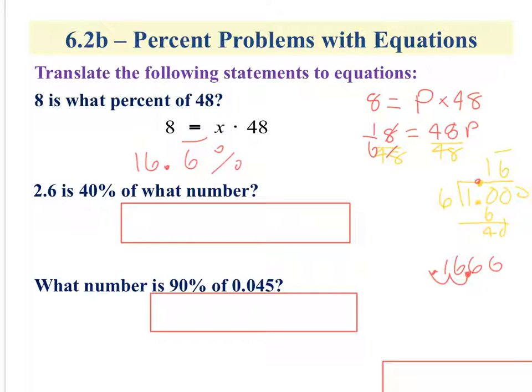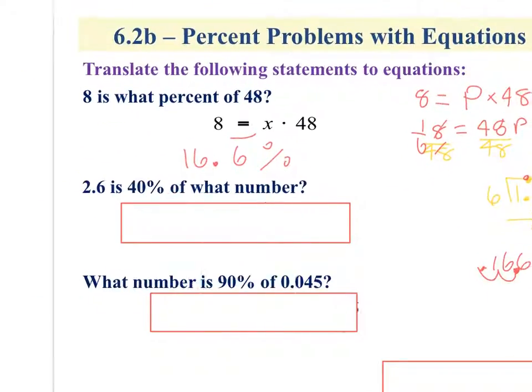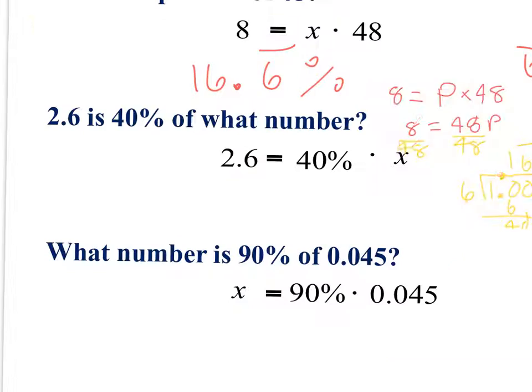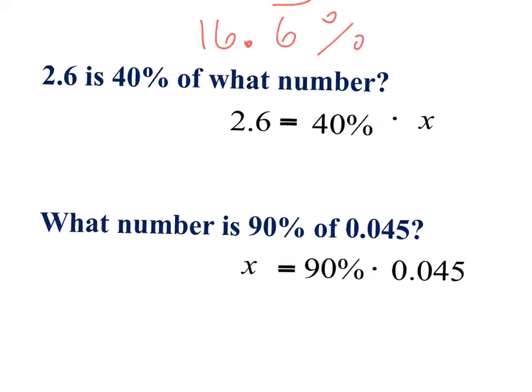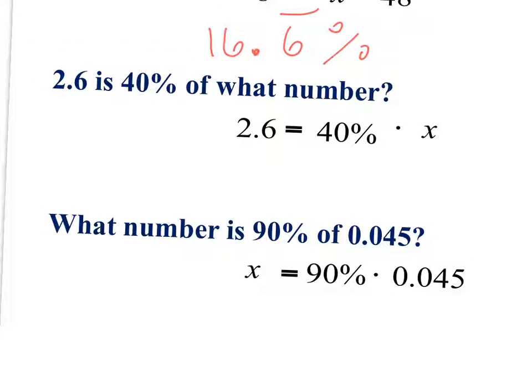Go ahead and translate these other problems into equations without working them out. 2.6 is 40% of what number? We're going to run out of time. So this one would be 2.6 is 40% times x.